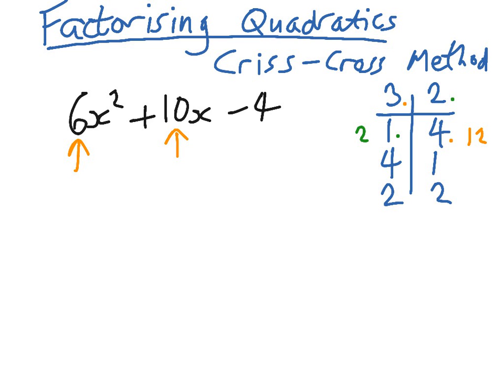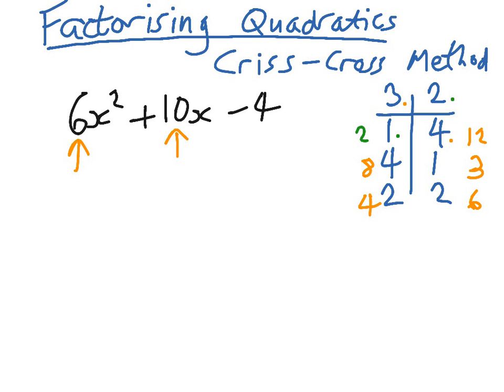So we have the 3 multiplied by the 1, which is 3, and the 2 multiplied by the 4, which is 8, and with 8 and 3 we can't make 10, and the last one, 3 multiplied by 2 is 6, and 2 multiplied by 2 is 4, and between those two, yes, they could make 10. So we'll try the first one with the 2 and the 12. If that doesn't work, we can always come down to using the 2 and the 2.